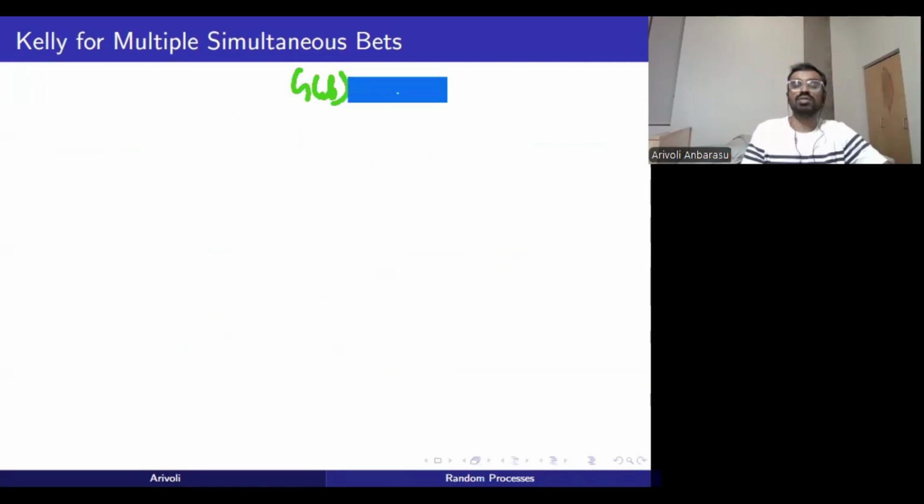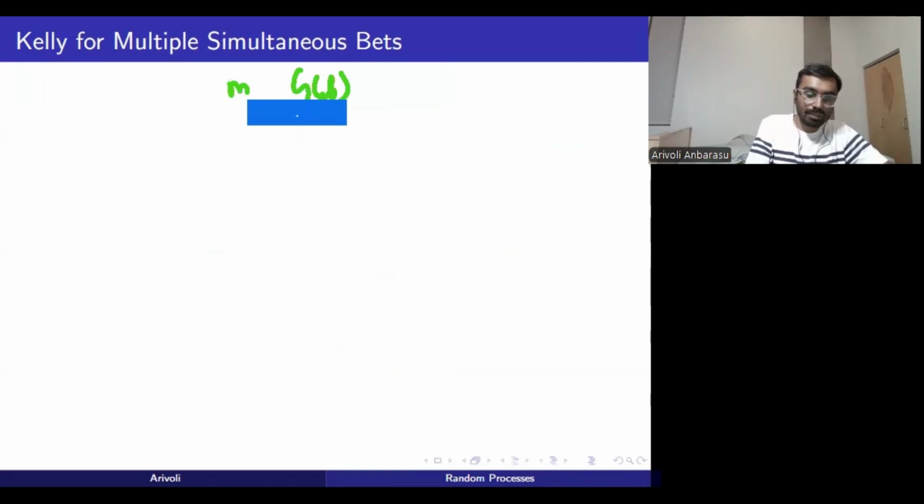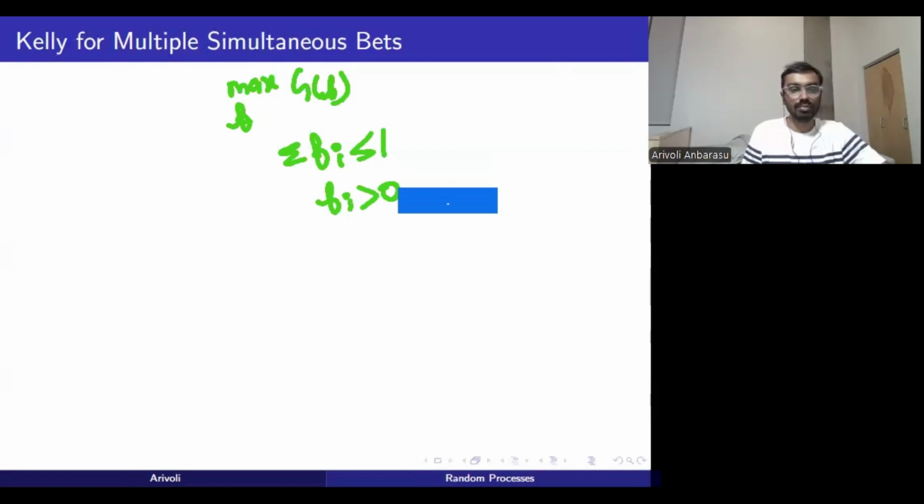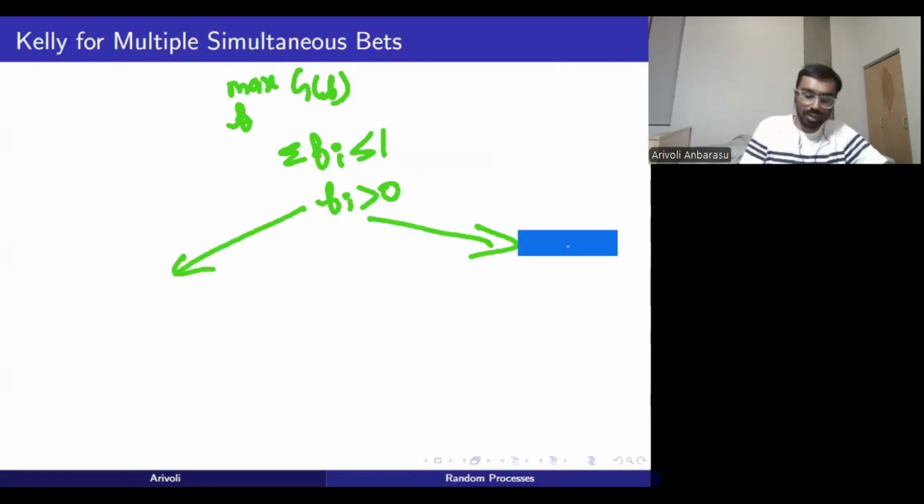Then our next step is to find the maxima such that it follows maxima f such that summation of fi is less than 1 and all fi's are greater than 0. So we can do this analytically and/or numerically.